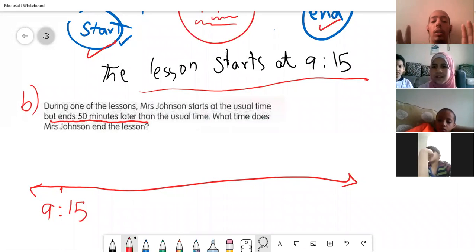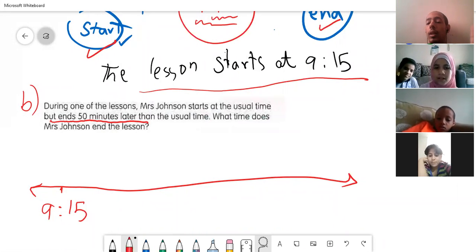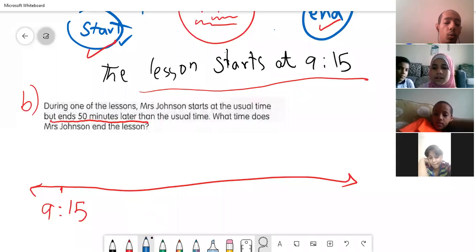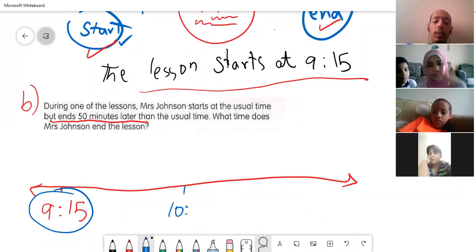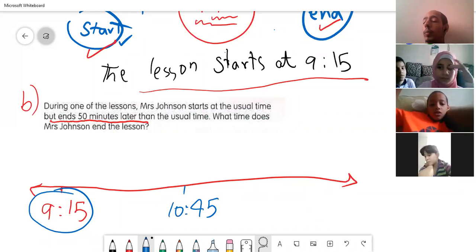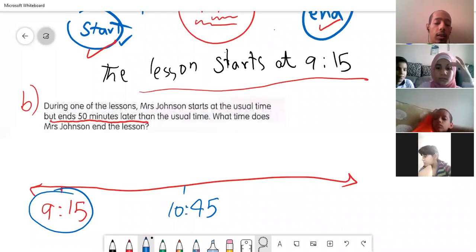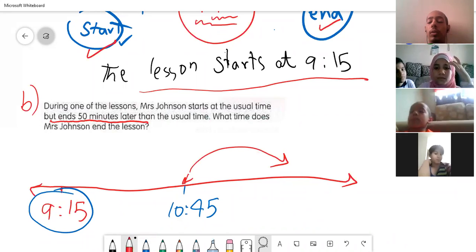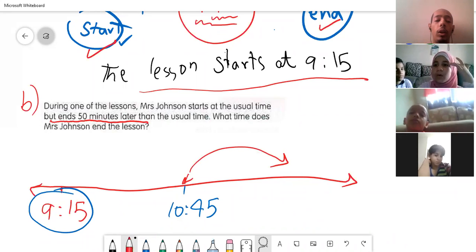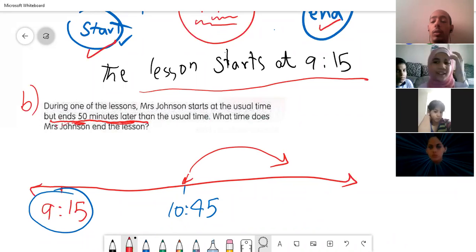Okay, he started as usual, which means it was 9:15, and then instead of finishing at the usual time, he didn't end his lesson at this time. Instead, he added more minutes. So he ends 50 minutes later.